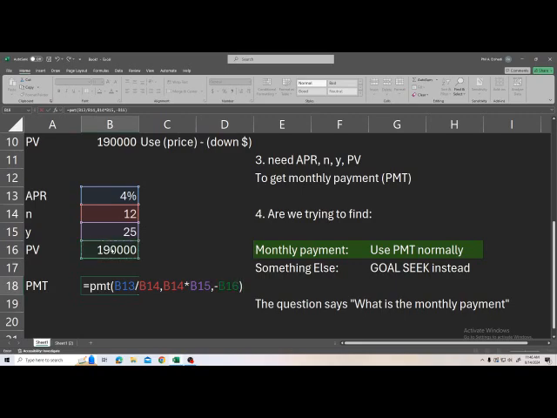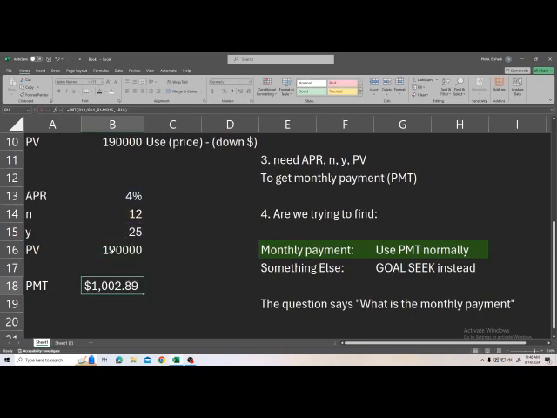Close the parentheses and press enter, and we'll have a monthly payment of $1,002.89. So now we know the monthly payment on the loan for this house.